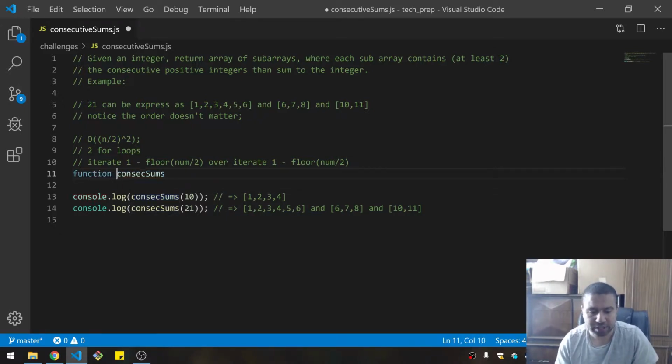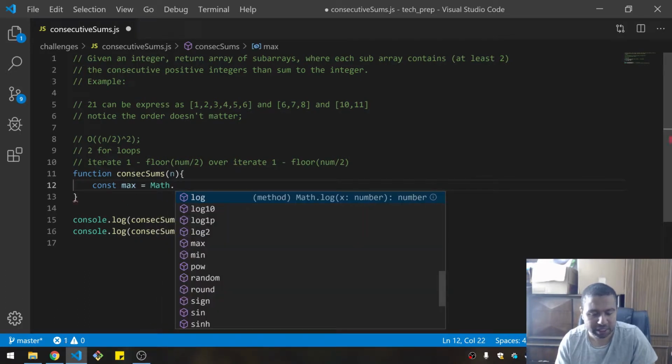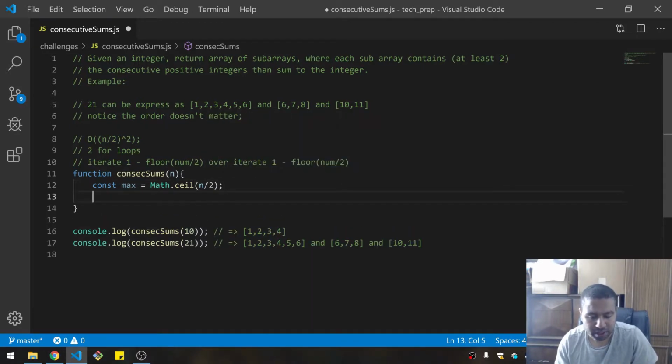So let's just try that. Function consecSums, num n is a number. So const max equals Math.ceil n divided by 2. For let i equal 0, i is less than max, and then i plus plus.